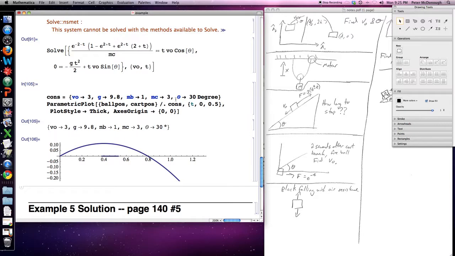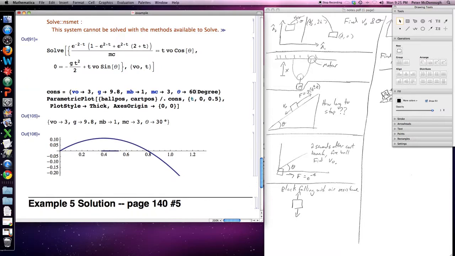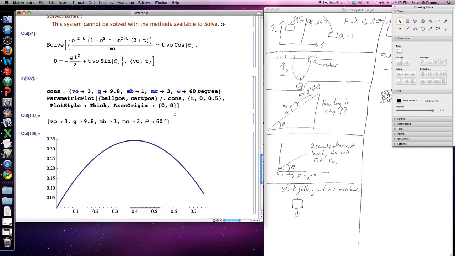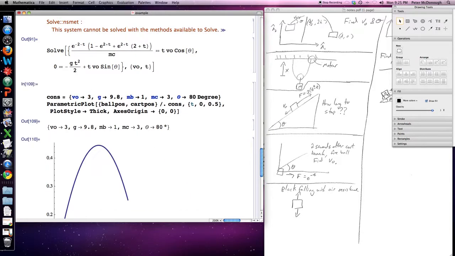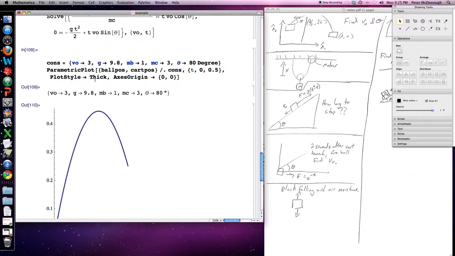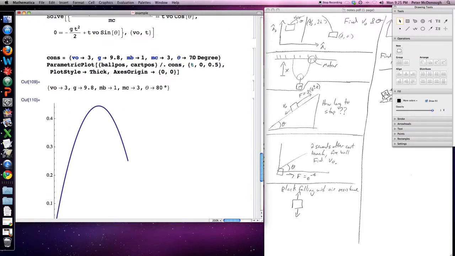So let's change my theta to be a larger number here. Theta to 60 degrees. And then let's increase this even more. Let's say 80 degrees. Not so much. Maybe back down to 70.